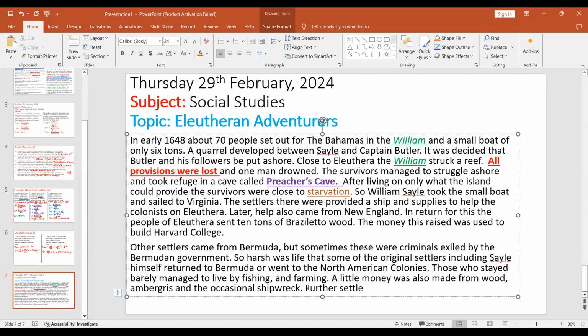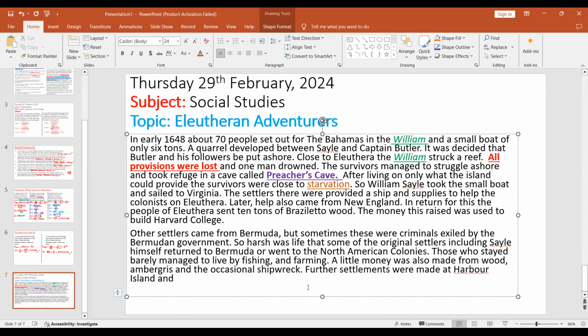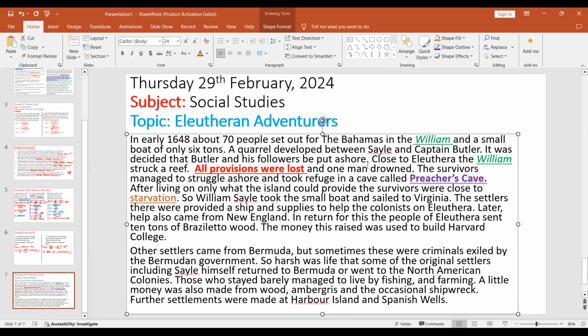So further settlements were made at Harbour Island and Spanish Wells. Now, we haven't talked about one of the major things that the Eleutheran Adventurers did, which was the Constitution, right?